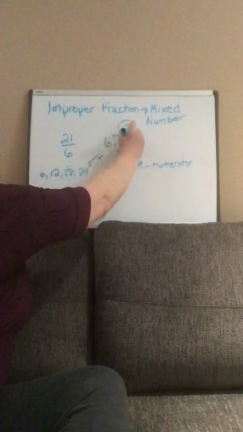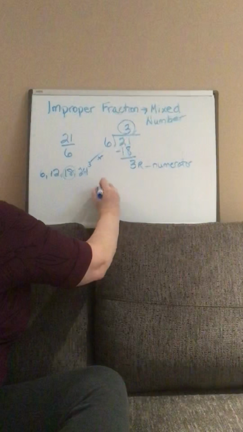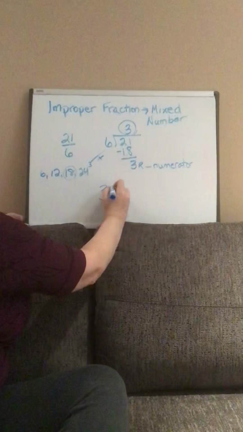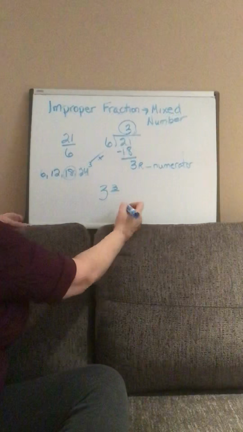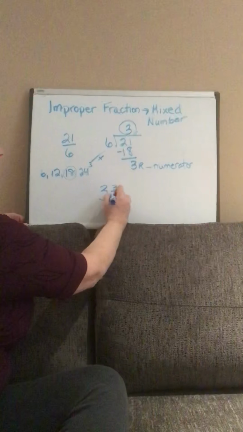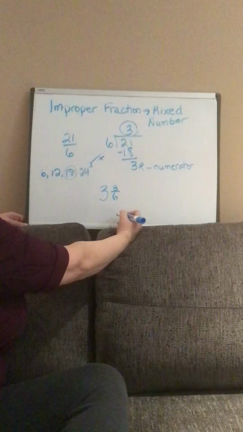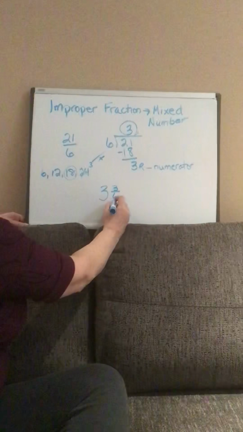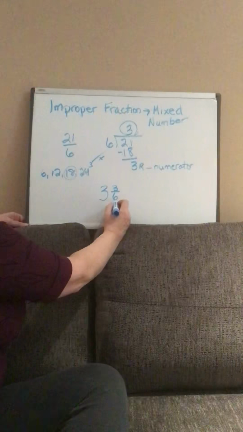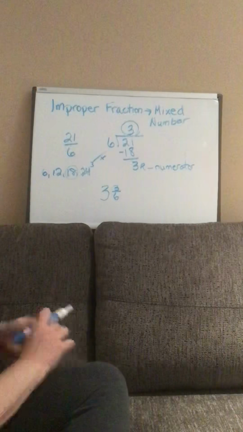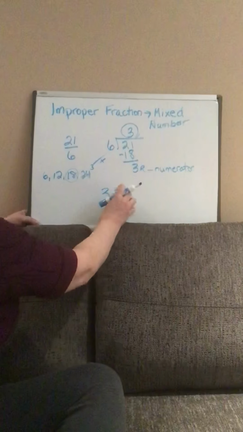So our whole number is 3. Our remainder, which is our new numerator, is also 3. And our denominator is 6 because the denominator always stays the same. So we get 3 and 3/6, exactly what we got last time. Let's try one more example.